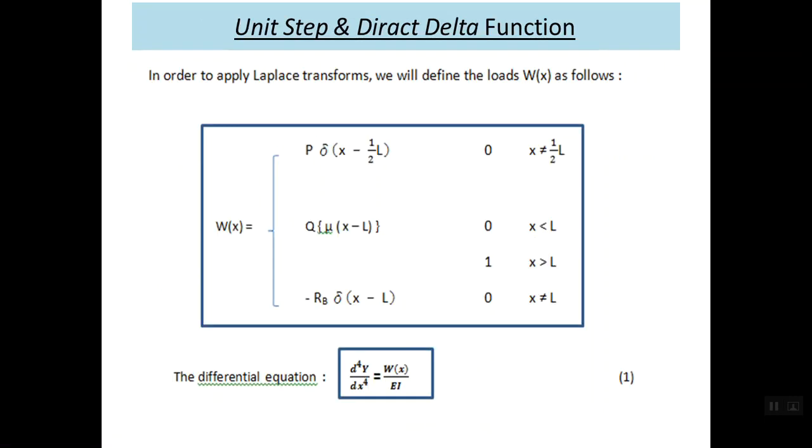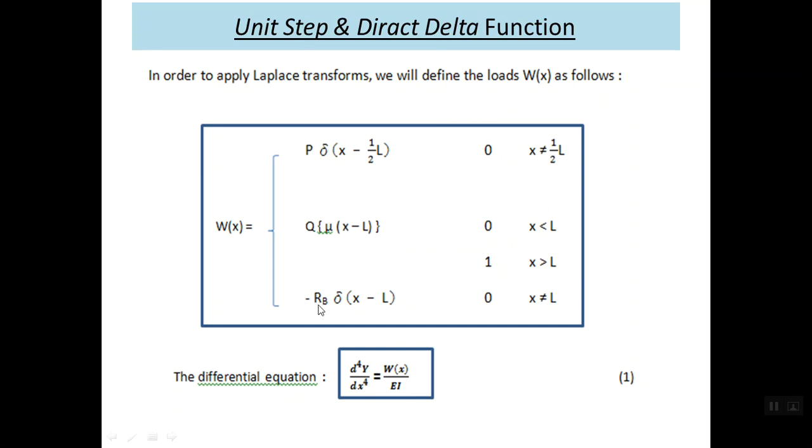Before we can apply the Laplace transform, we will define the load as follows. The concentrated load we define with the help of the Dirac delta function, and the uniform load with the help of the unit step function.